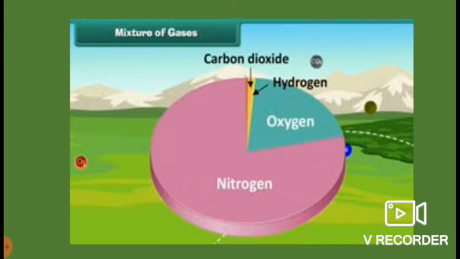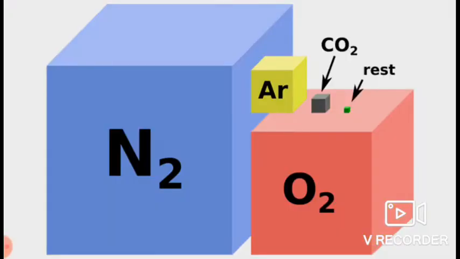Now let's talk about the largest part of air. It occupies 78% of the total volume of air. This gas is called nitrogen or N2. This plentiful gas is absorbed by plants for their growth and development.